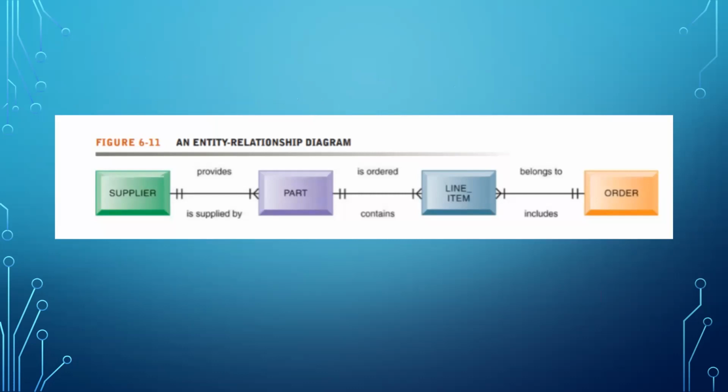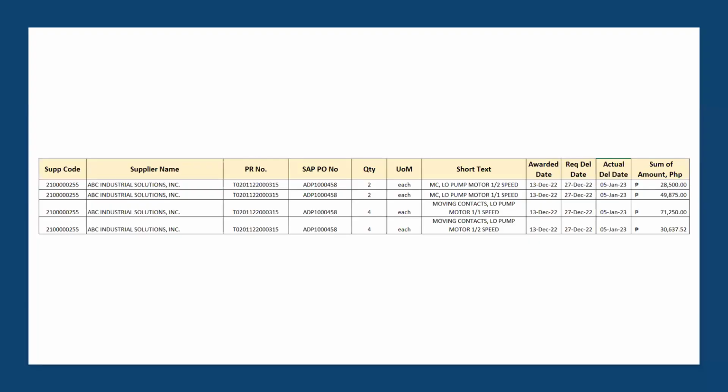So for us to have a deeper understanding of this illustration, I provided another example in the next slide. So here, according to what I have mentioned earlier, one order can contain many line items.